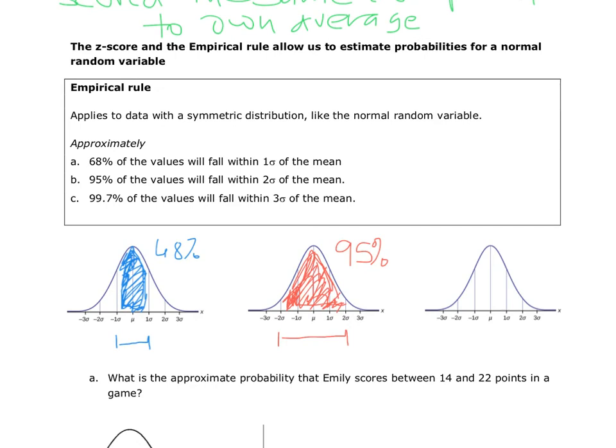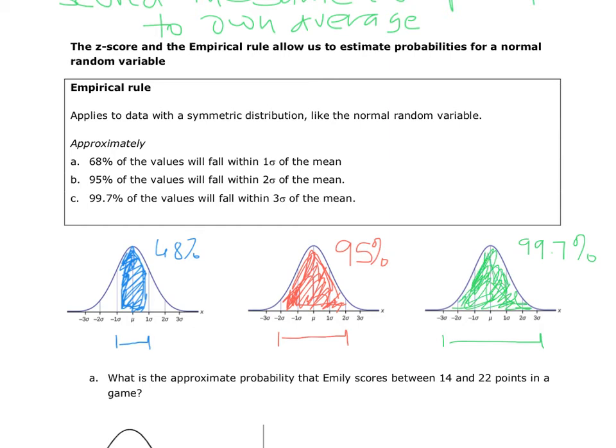And then finally, within 3 standard deviations of the mean, we get pretty much all of the data values, 99.7%. That's essentially 1, essentially 100%.